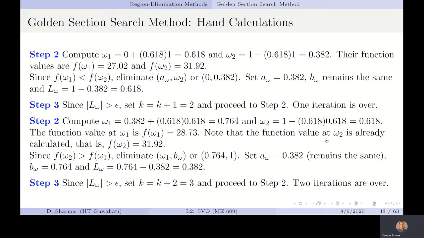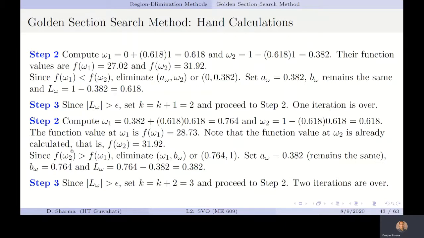Omega 2 is 0.618, and looking at the top, omega 1 of the previous iteration was also 0.618. Since we already calculated the value at this particular point, we don't have to calculate omega 2 at this step 2 here. Now we are going to compare the function values of omega 1 and omega 2.